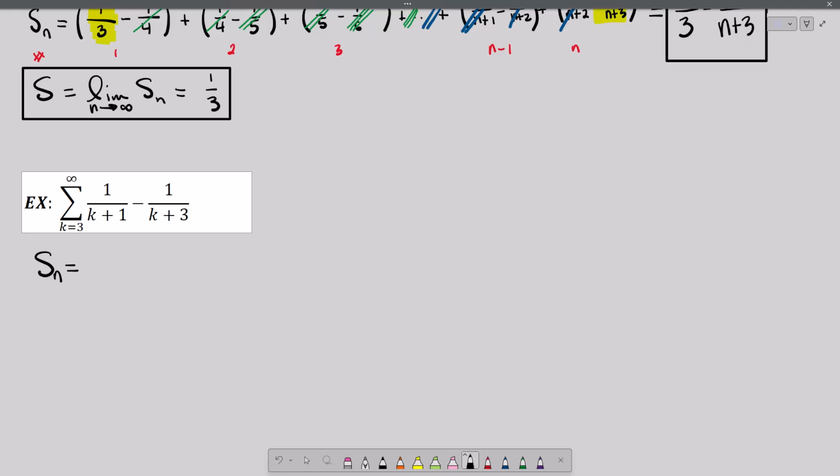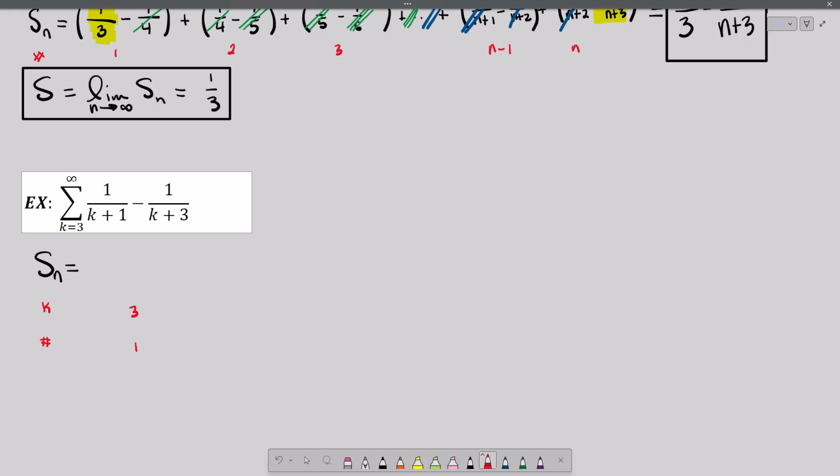Okay, so the first term, what is a little different here? Let's put a k value here, and I'll put a number below it. So k is going to be 3 for the first term. Everyone agree? Because this thing starts at 3.